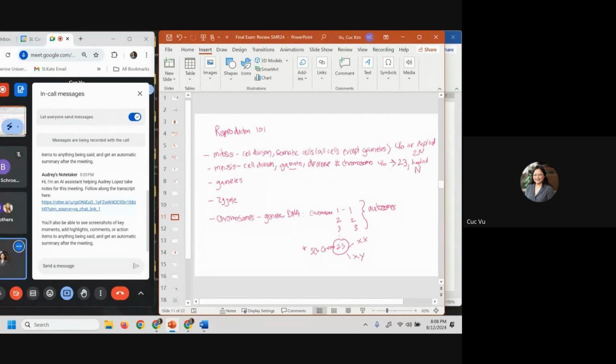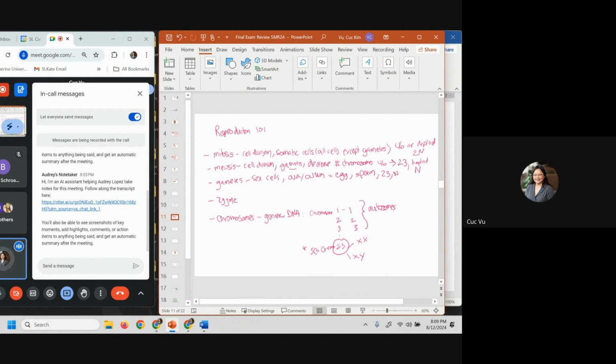Okay? Now, in terms of gametes, sex cells, in females it would be an ova, an ovum, or an egg. And in males, it would be a sperm. And these will always have 23 chromosomes or one N. Okay?